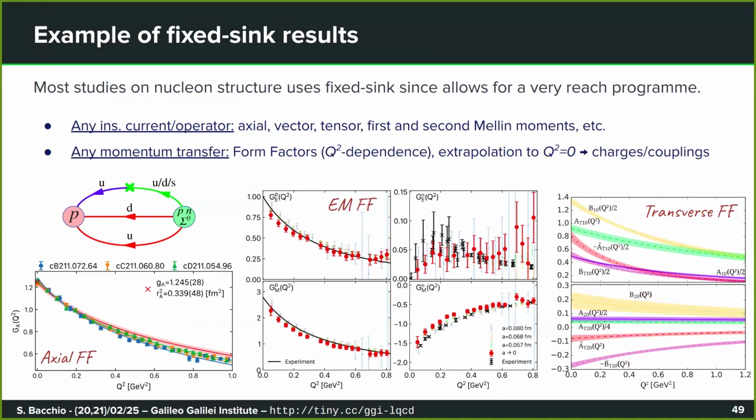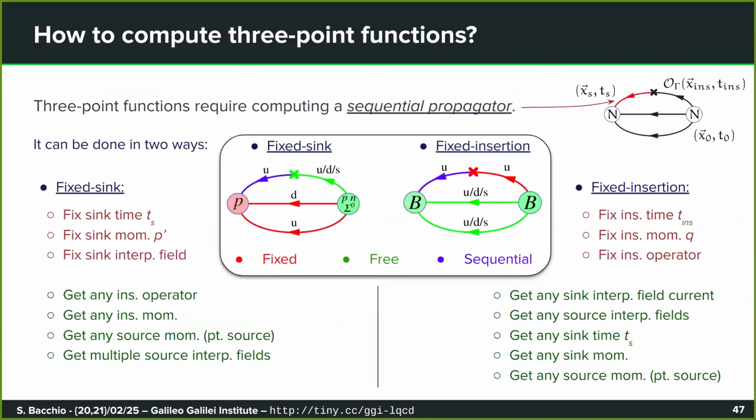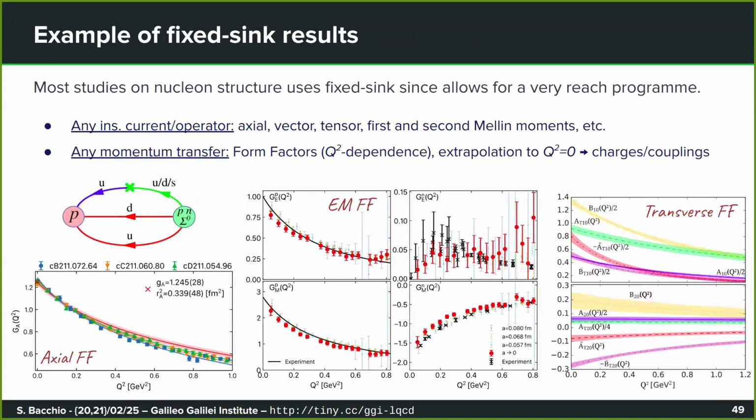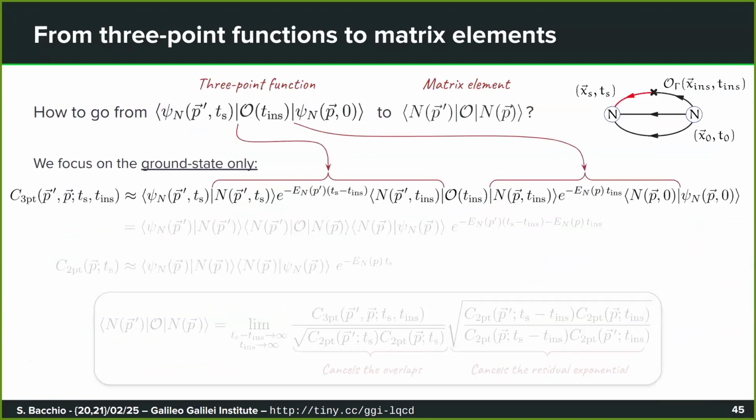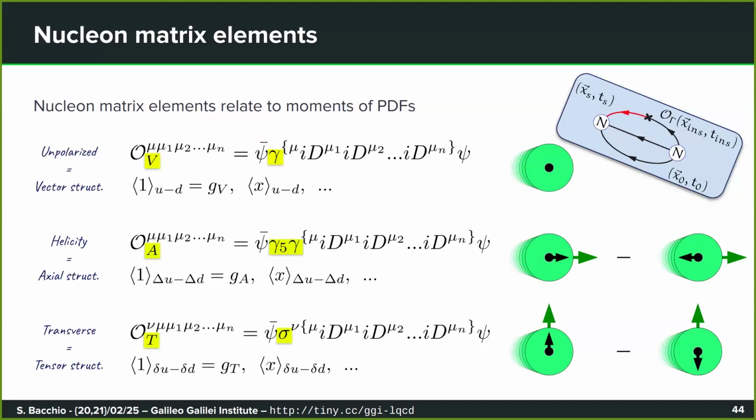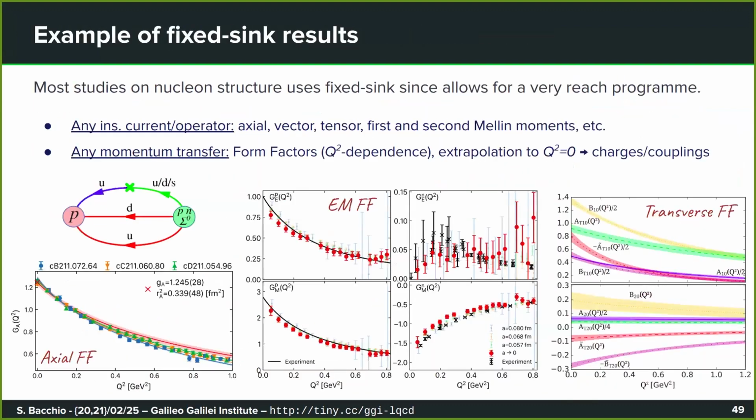But for instance, from our calculation, if you use the proper method, it's extremely interesting because cheaply you can put inside here any current, any possible operator in the middle, and in one go you get a lot of physics because you get the axial form factor, magnetic form factor, transfer form factor, everything depending on the current you are putting in the middle. You can put the derivative operator, and then you get really a lot of physics about these form factors. Okay, and this is what we provide you.